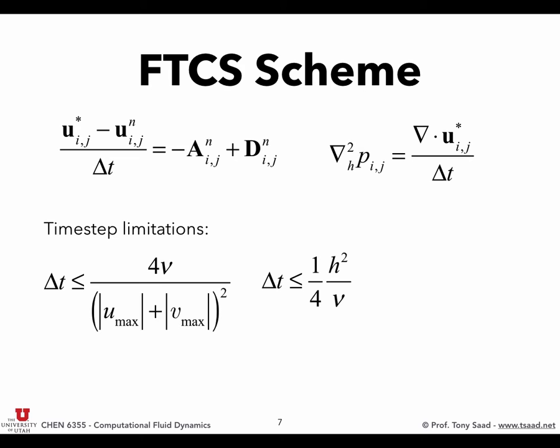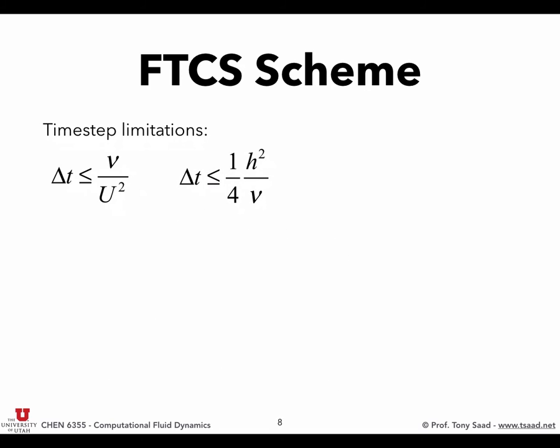Now, to simplify this a little further, I want to assume that Umax and Vmax are equal, and they're equal to u. That turns this condition into nu over u squared, and we still have this condition as is. What I'm after is writing this as a function of a dimensionless parameter.